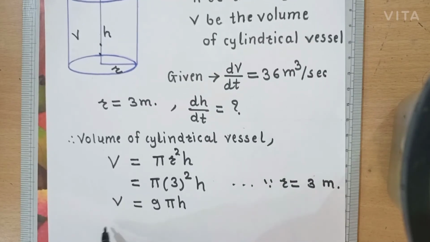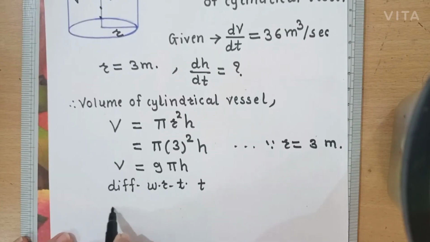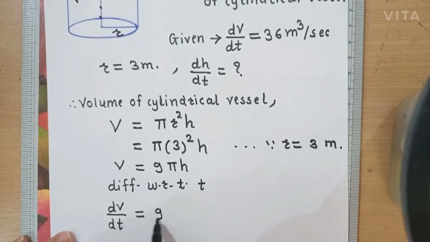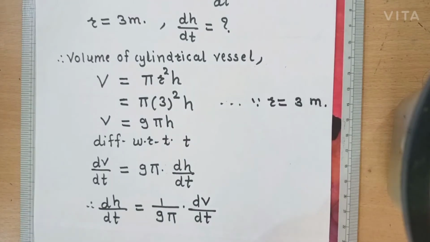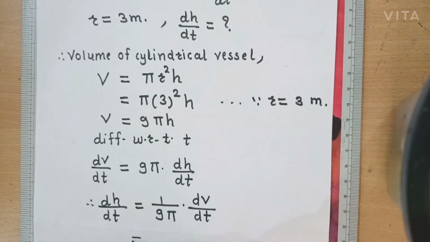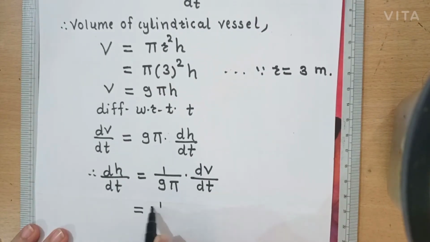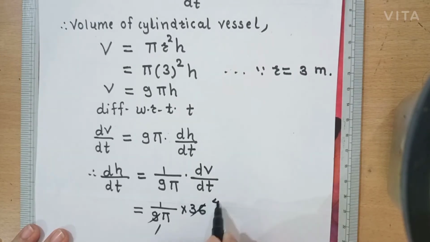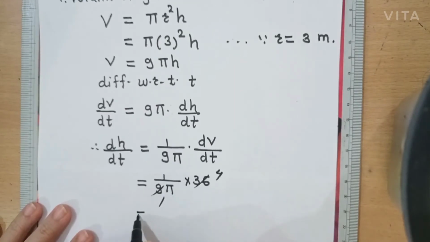Now differentiate with respect to t: dV by dt is equal to 9 pi, which is constant, into dH by dt. Move this term. Now substitute dV by dt here, and so that is equal to 1 upon 9 pi multiplied by 36. So 9 ones are 9, 9 fours are 36. So the final answer is 4 upon pi.